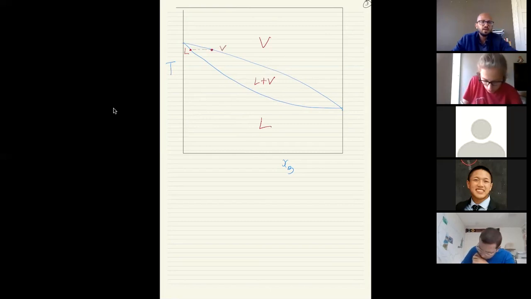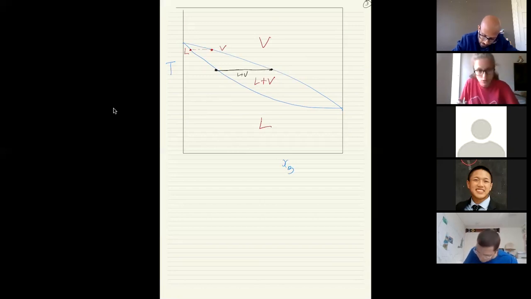But in the middle, it's better to exist as a combination of liquid and vapor. Similarly, at this temperature, you can start here, you can go over here, and this is going to be liquid plus vapor. This line has a name. This is called the tie line. It ties both phases together.